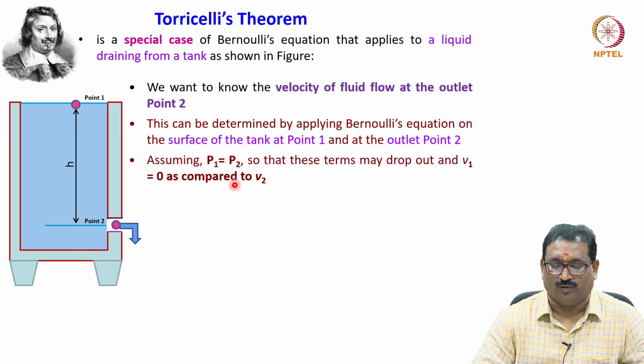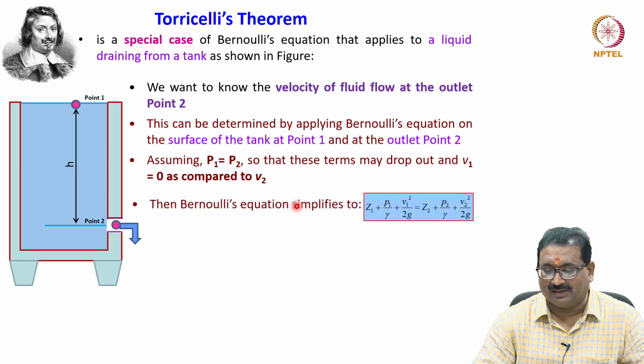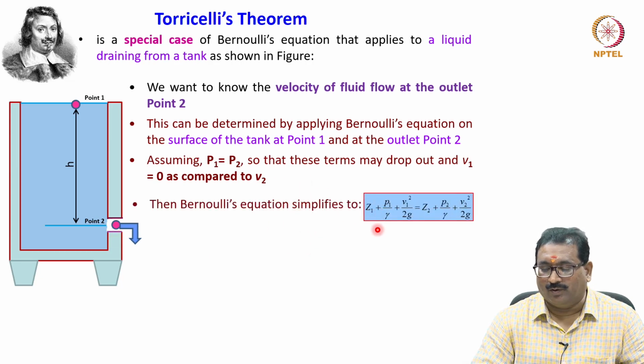These are the two assumptions I am making: pressure here and here are equal, and the velocity here is 0 compared to here. Bernoulli's equation is modified as, we know, Z1 plus P1 by gamma plus V1 square by 2g, the general Bernoulli equation.